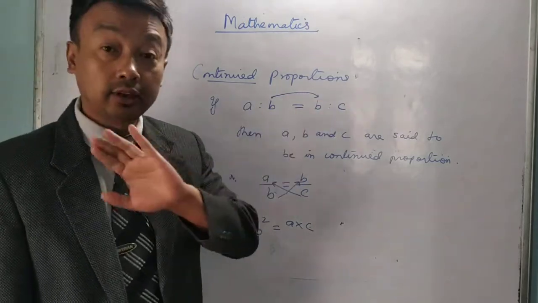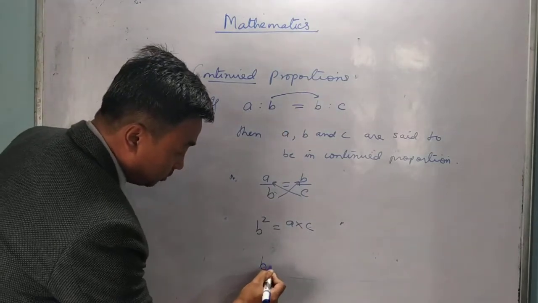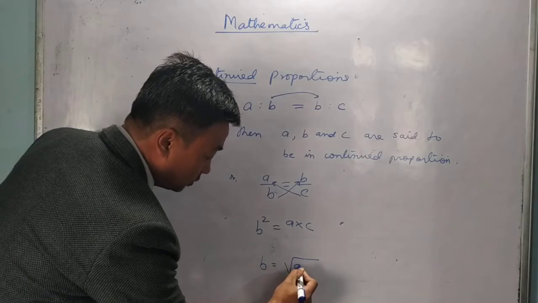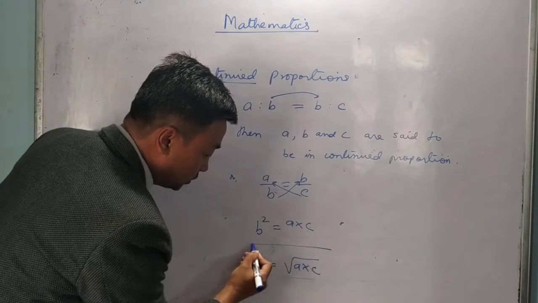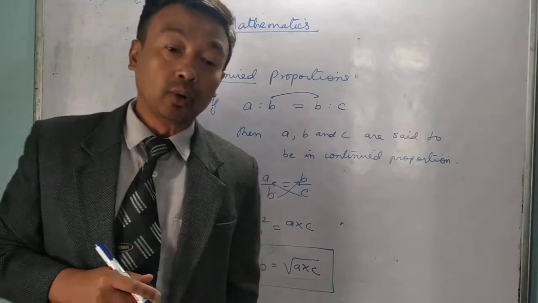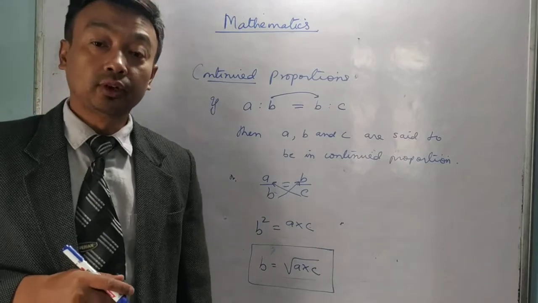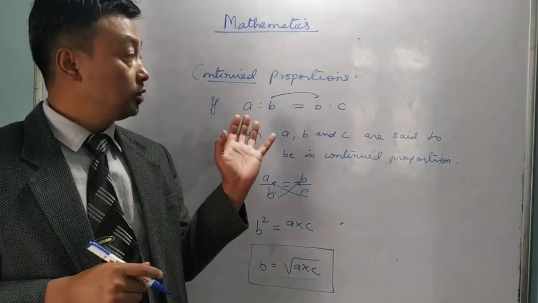A and C are the extremes here. Or if you remove the square, you will get B equals square root of A into C. So this is a formula that will be applicable while solving the continued proportion when you have only 3 terms. So this is all you need to know.